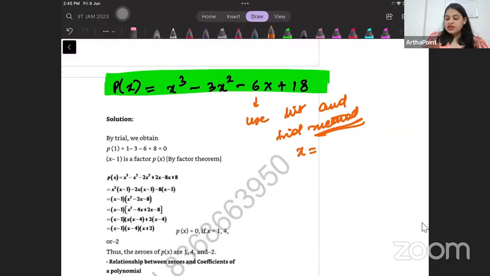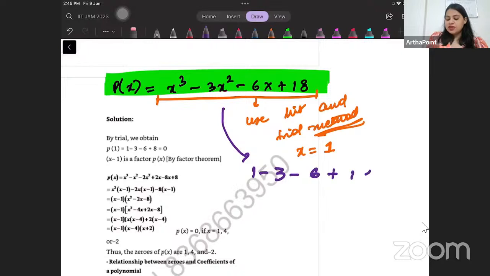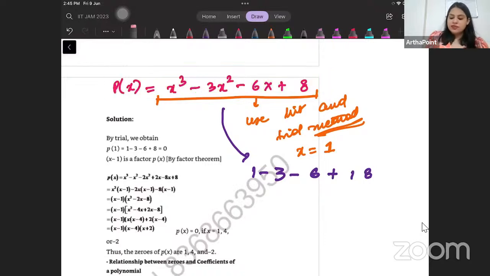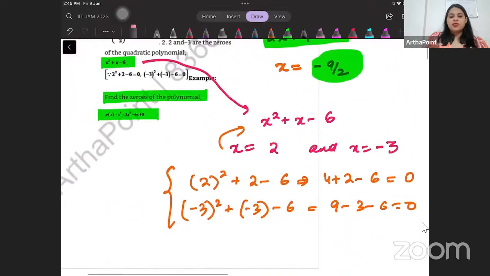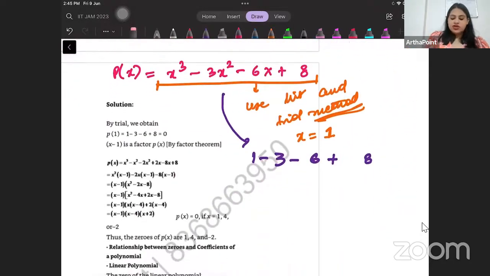Let me put x is equal to 1 and check. When I put x as 1, what do I get? I will get 1 minus 3 minus 6 plus 18. Sorry, this is 8, the equation is plus 8. So what will I get? 1 minus 9 plus 8, 9 minus 9, which is 0.